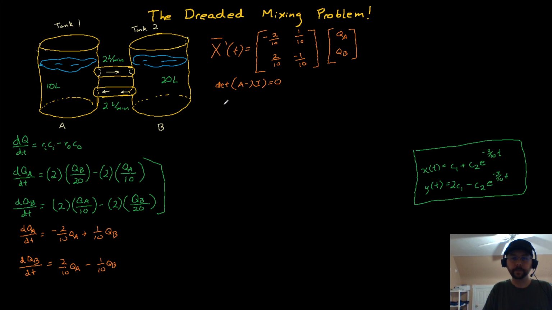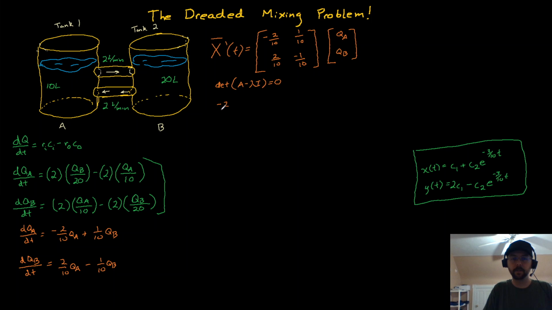So when we do that, this minus lambda times this minus lambda, minus this times this. That's what this formula means, and we set all that equal to 0. So I'm just going to do that all in one step here.